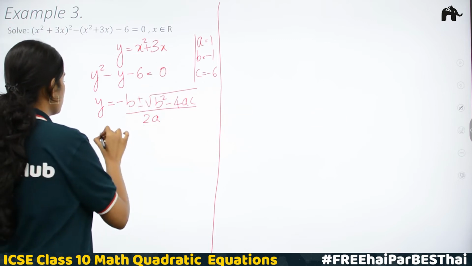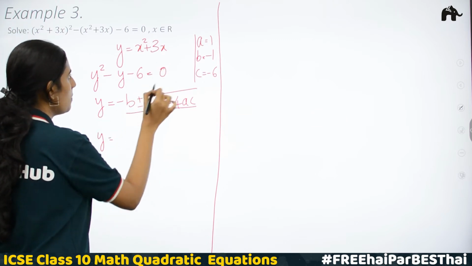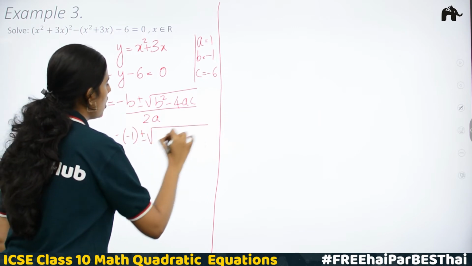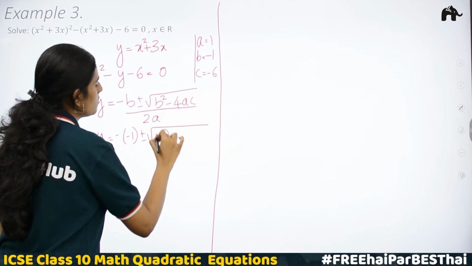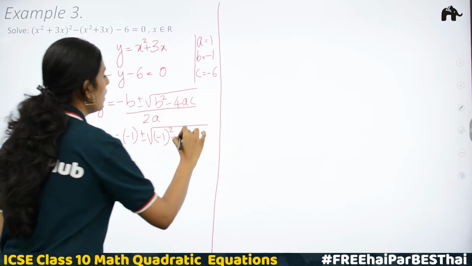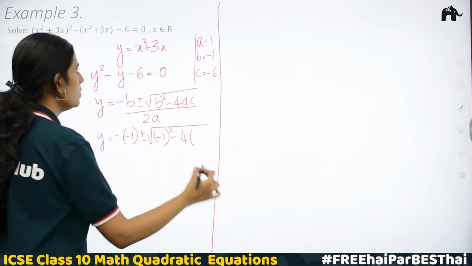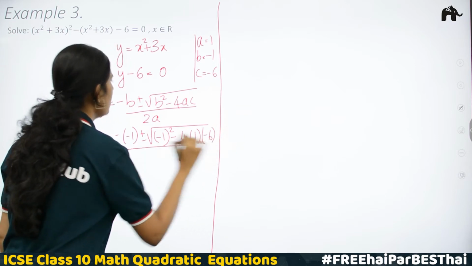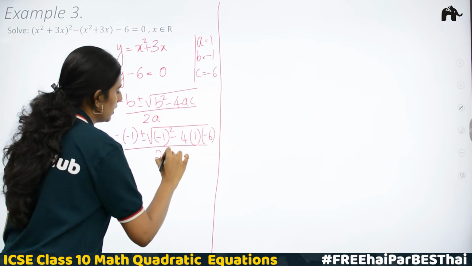Substitute these values: y = (−(−1) ± √((−1)² − 4 × 1 × (−6))) / (2 × 1).